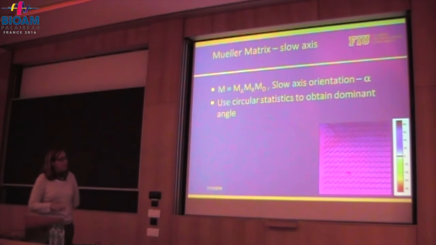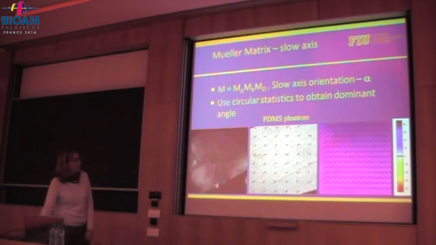This is an alpha image of a silicone phantom that we built in my lab. Again, I'm not sure you can see the color, but the line should guide you onto the dominant orientation in this tissue, which you can orient in any direction, right?